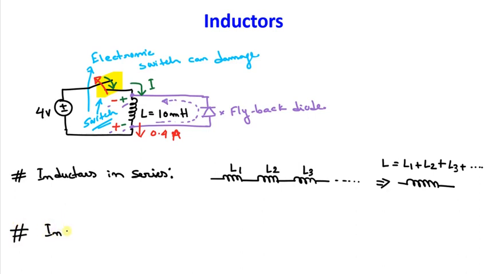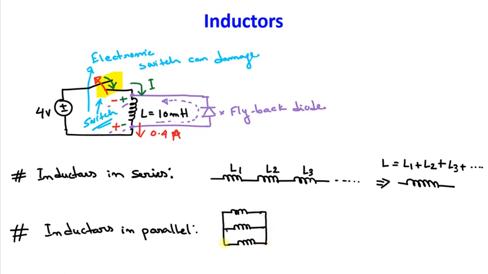Whereas if the inductors are in parallel, suppose this first, this second, then this one, which are L1, L2, L3, and there may be other inductors as well. They are in parallel.